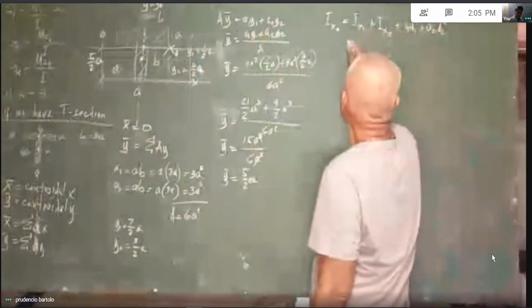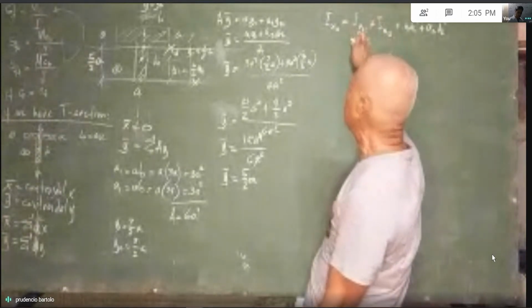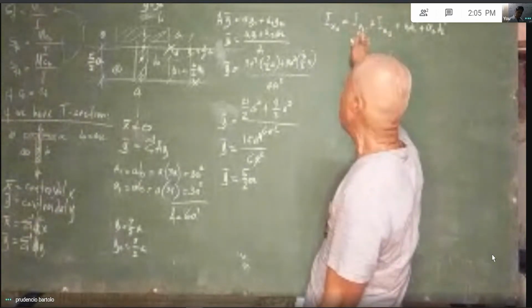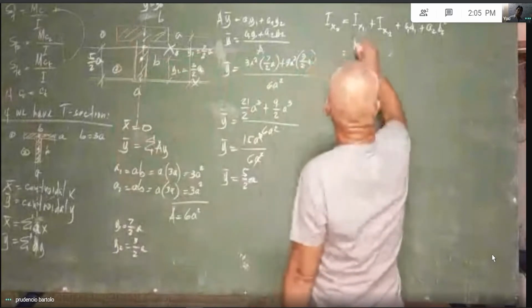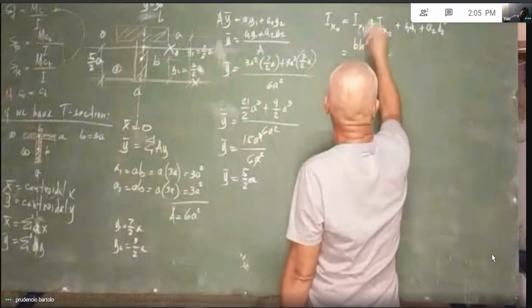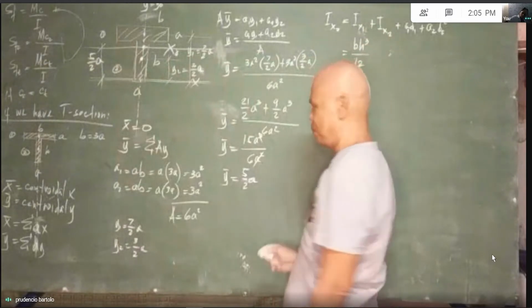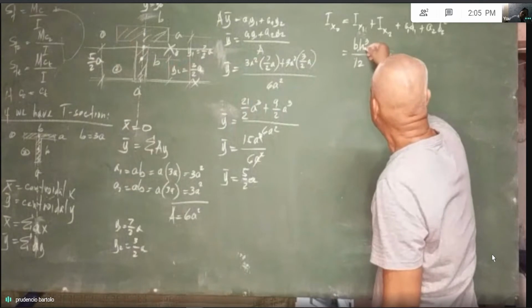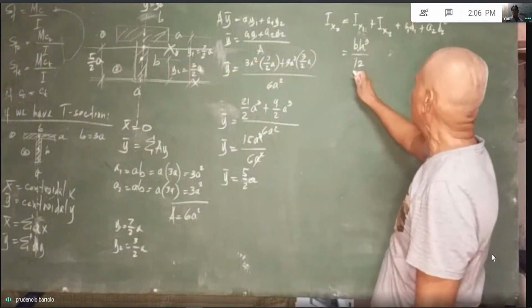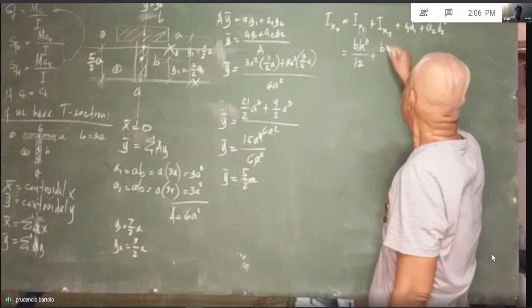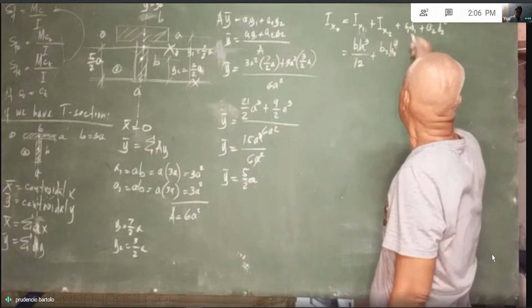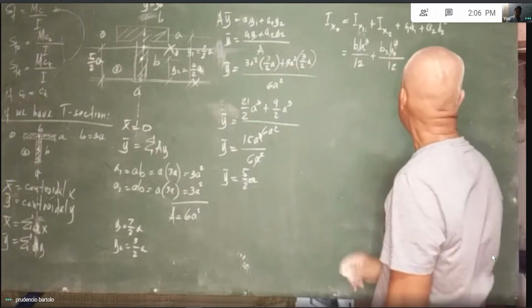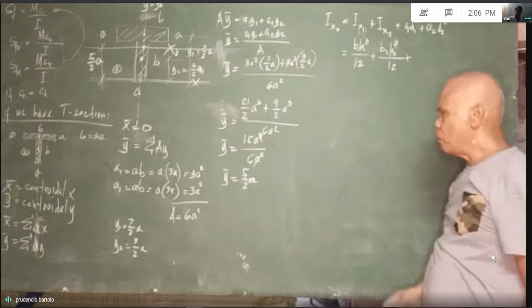So, the centroidal moment of inertia: number 1 is a rectangle, so that is b x cubed over 12. That is b1 x1 cubed over 12 plus b2 x2 cubed over 12 plus A1.